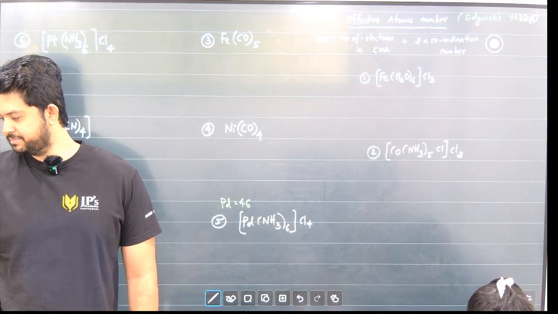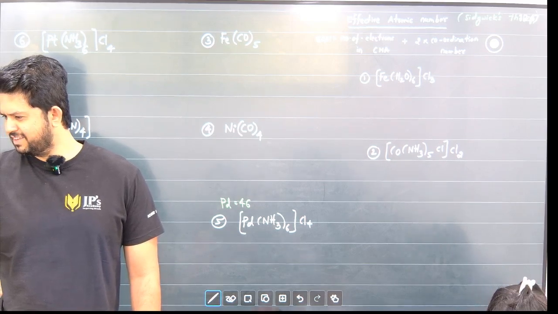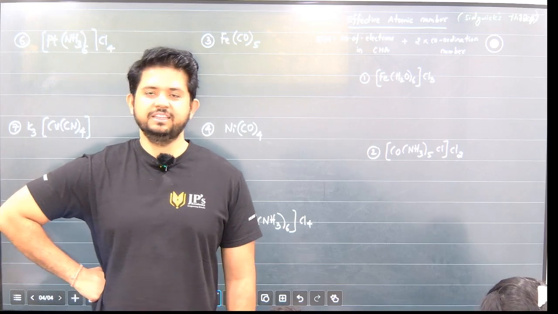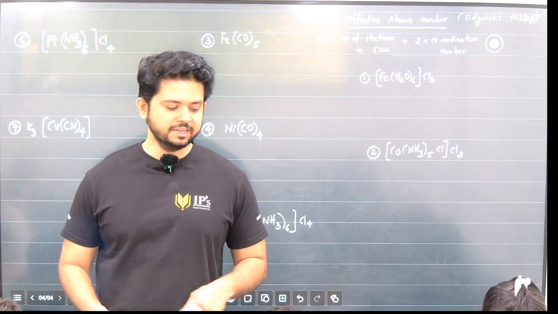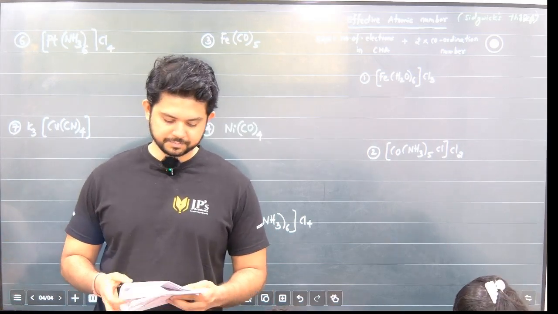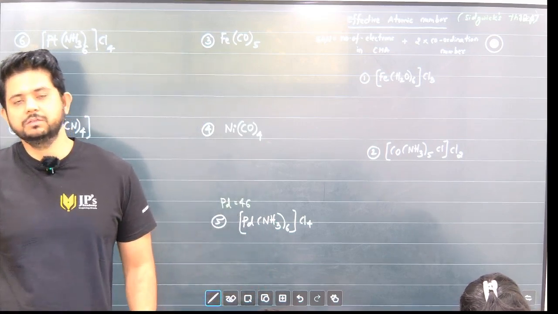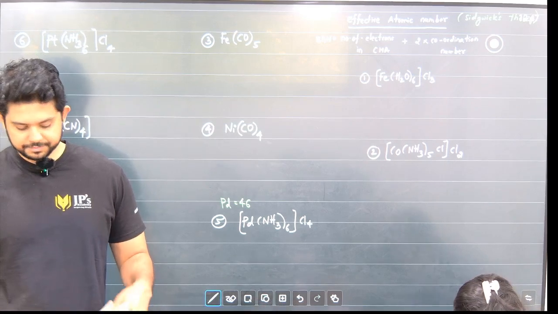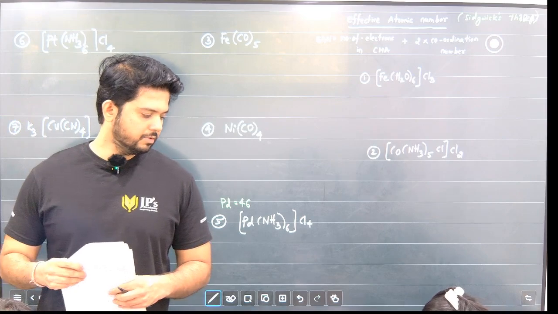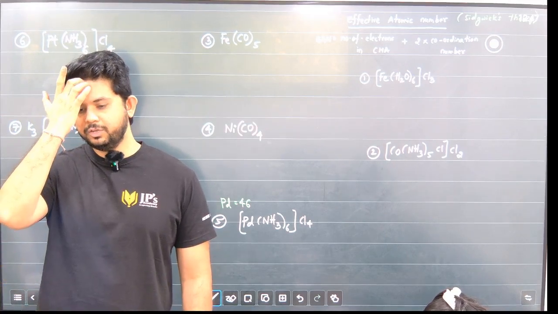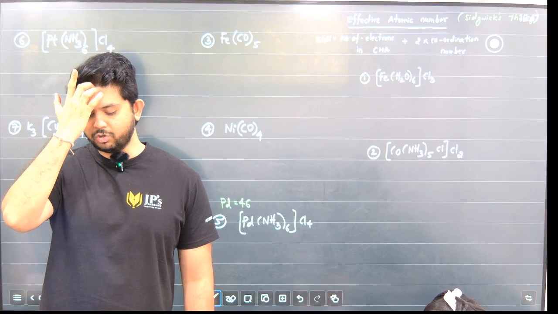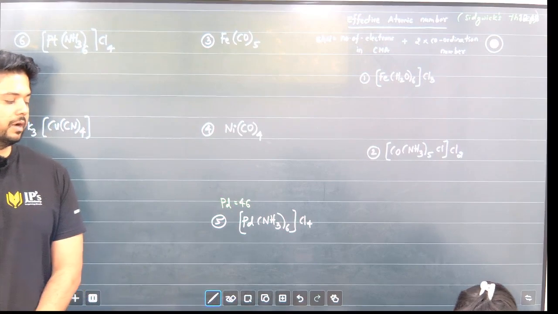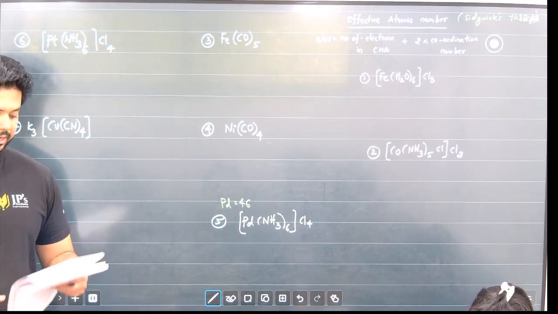The central metal atom or ion will continue accepting electrons.